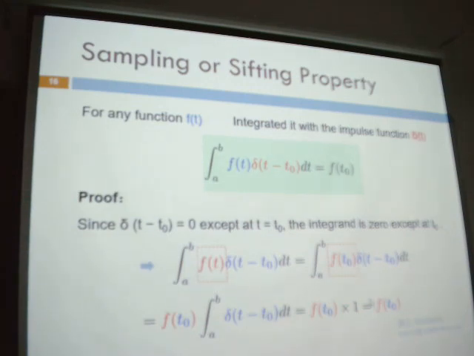So we found that if we want to find one point of f(t), we just need to multiply it with the impulse function, and then we can find the point we want. This is the sifting property, and it is very important. In later study, in other courses, the sifting property is always used to prove some theorem or property, okay?